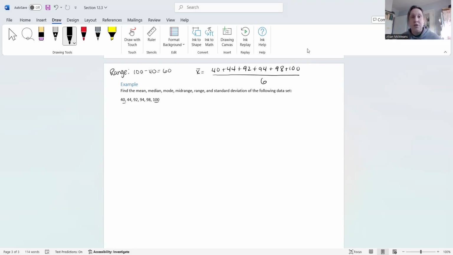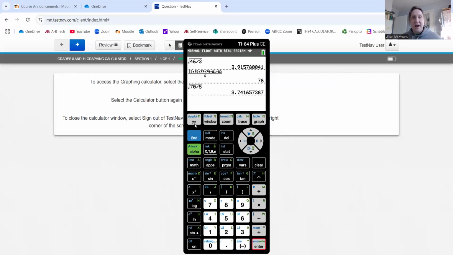Okay, so we can go to the calculator. Make sure you had that written down before I switch screens without telling you. All right, so again, I'm going to do alpha y equals, that just presents kind of like a template for a fraction.